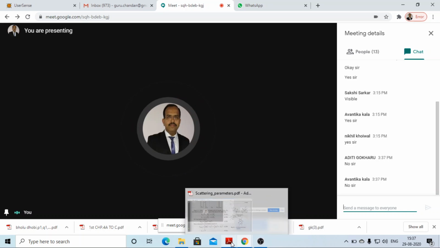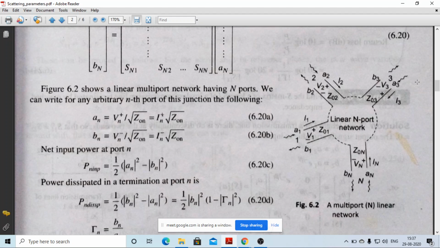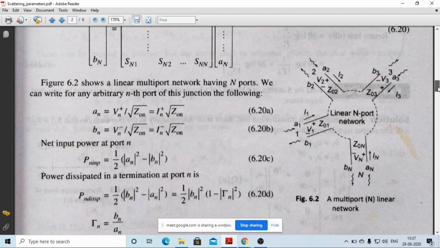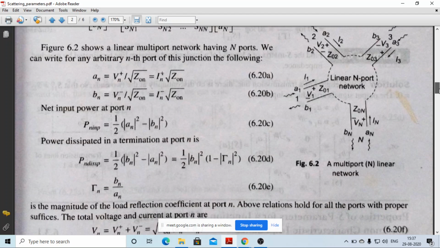So this is for the nth port, but the nth port is just for theoretical parameters. We go for a maximum of 4-port network, that is the magic T device. Here there is an example of an and bn normalized, divided by the square root of Z0n for the nth port, and then the net input power.